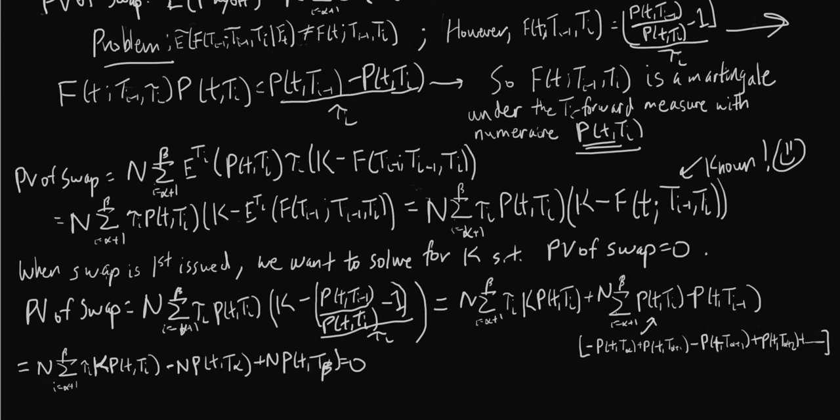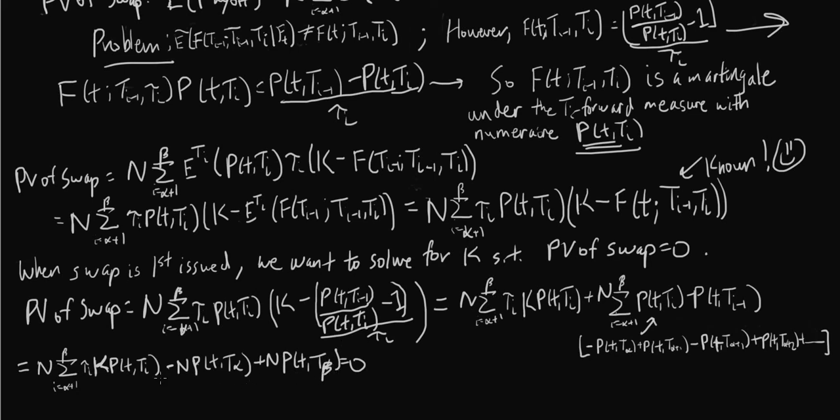Now, fulfilling the promise I mentioned earlier, when we're solving for the swap rate K such that the present value of the swap is equal to zero, we're going to set this expression equal to zero. Because this expression is the present value of the interest rate swap. It's just in a different format. It's the same value as the one we looked at earlier, just written solely in terms of zero coupon bond prices now, instead of having forward rates in there.